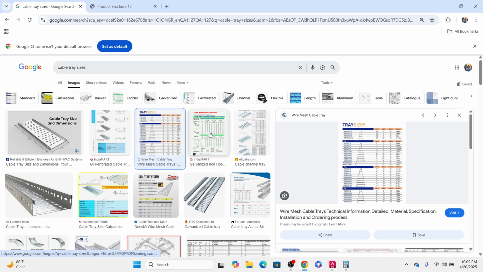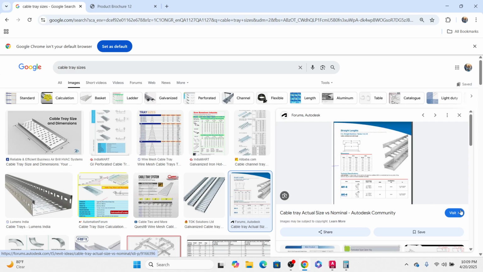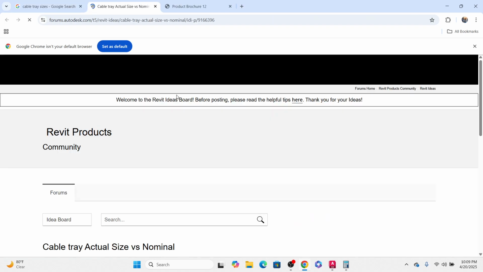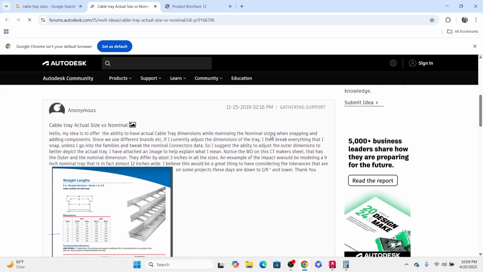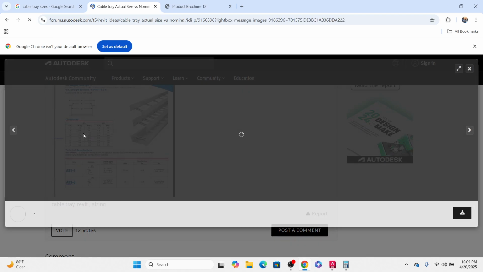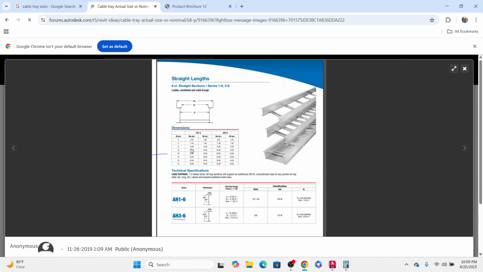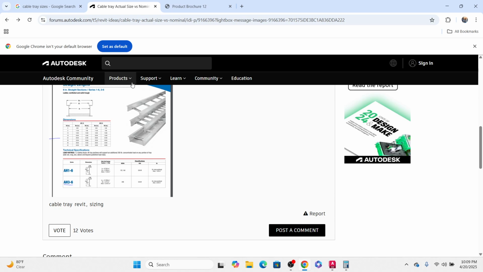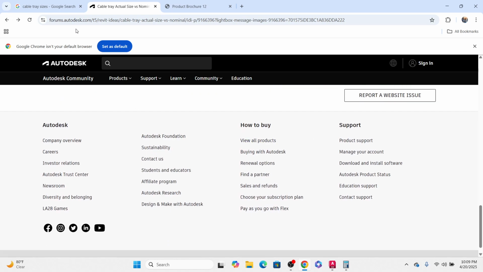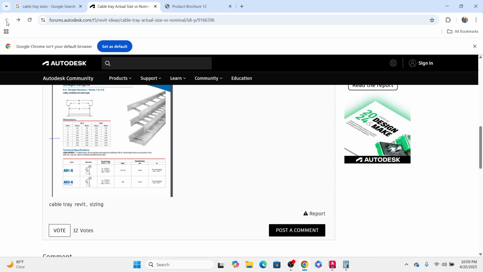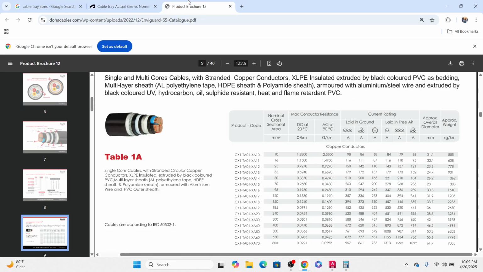So you have to look at the cable tray catalog. Otherwise there is a problem, because one company did one work using 450, another company doesn't have 450, they have 400. So you have to check which size they are using, which company, and take the company catalog.